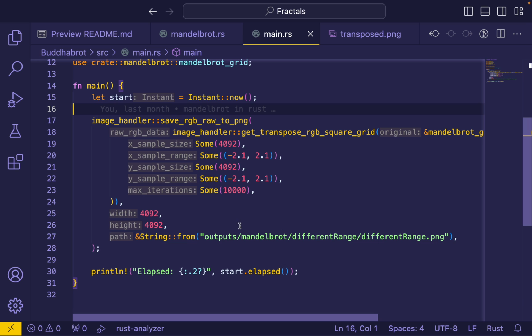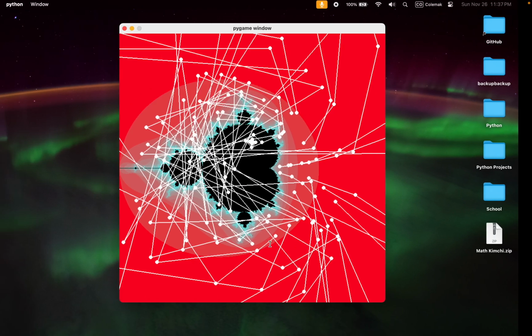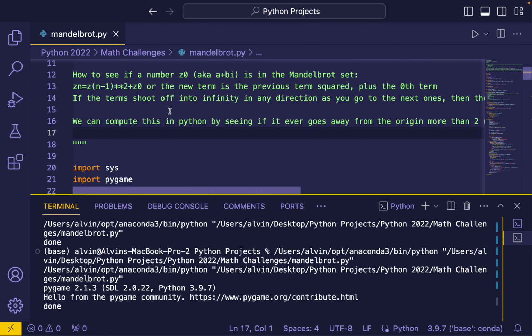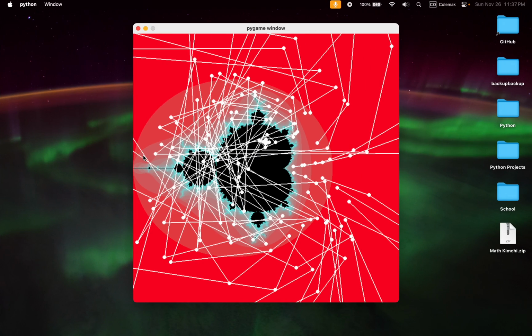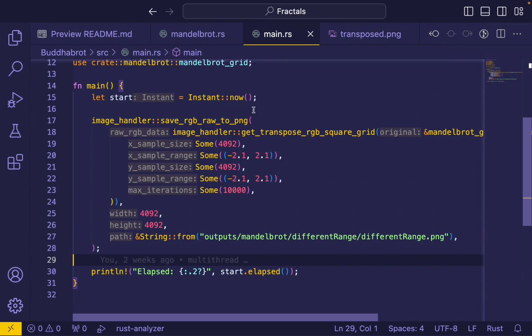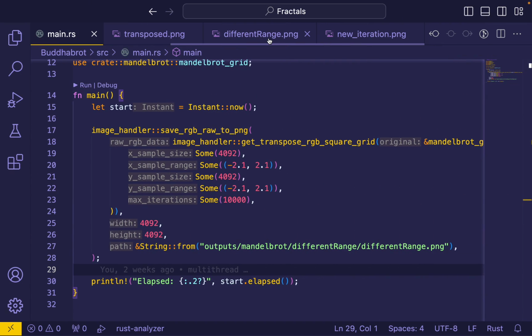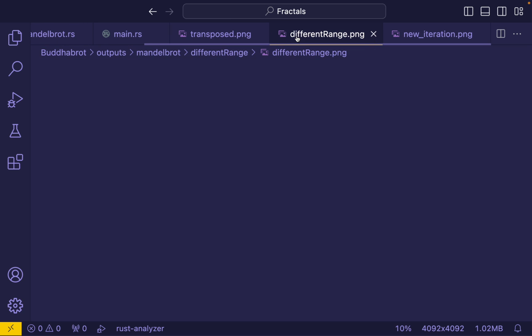And I'm just happy I got to learn an actually fast language as opposed to Python, which I did 2 or maybe even 3 years ago, when I made my first video on the Mandelbrot set. And you could see this took around 20 seconds, even for a 500 by 500 grid. So it would have taken much, much longer for any of these images that I made.